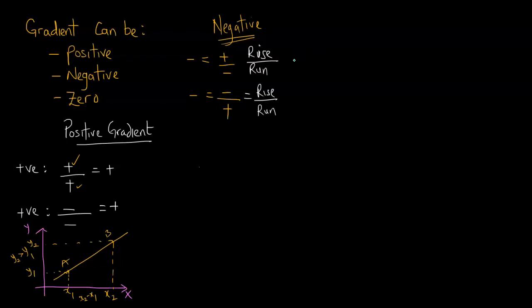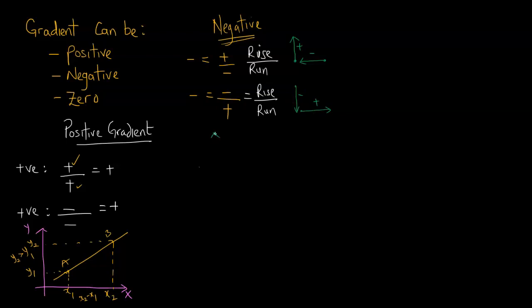The first condition is that as this graph rises from the bottom to the top, it's going to run from the right to the left. So this is positive, negative. Or as this line goes from the top down to the bottom, it moves from left to the right. So this is negative, positive.